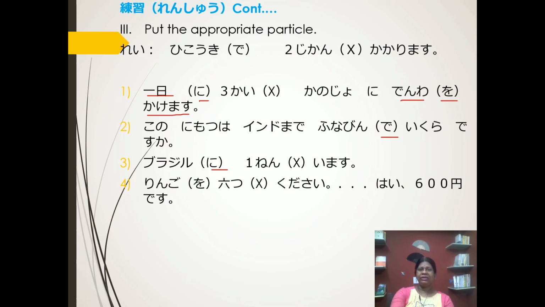Here we don't need any particle for 1年. Brazil takes the ni particle because it refers to a specific place where we stay. Next, 4番 Ringo o muttsu kudasai. Hai, 600 yen desu.